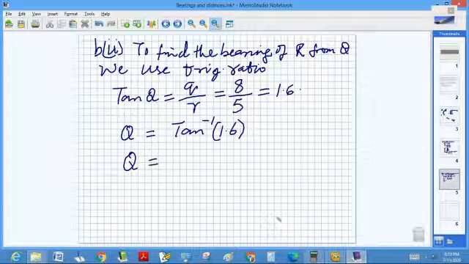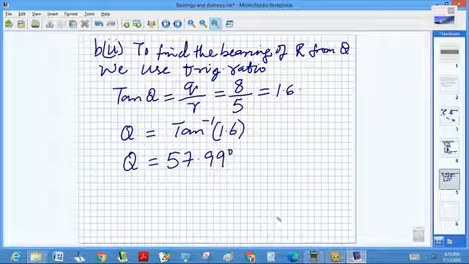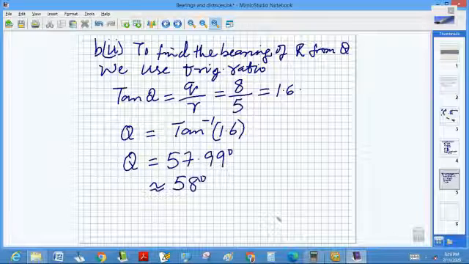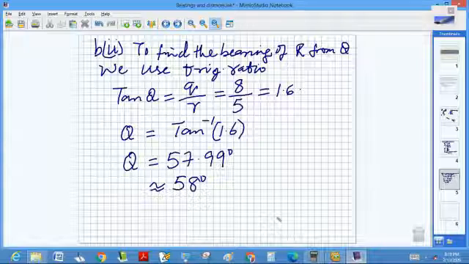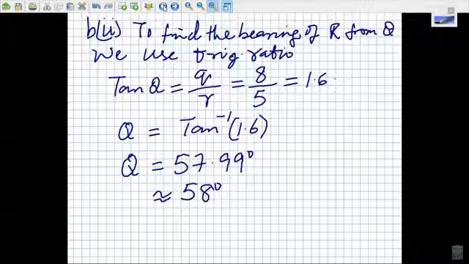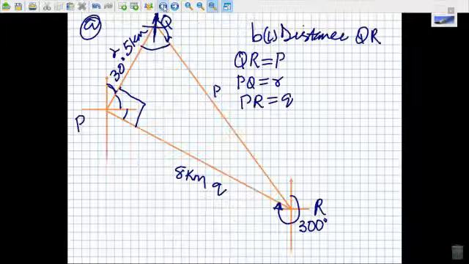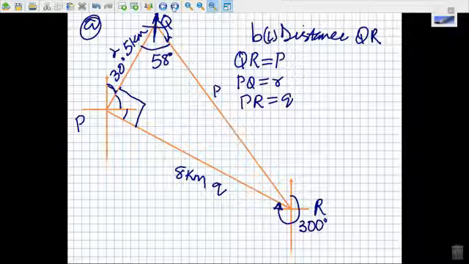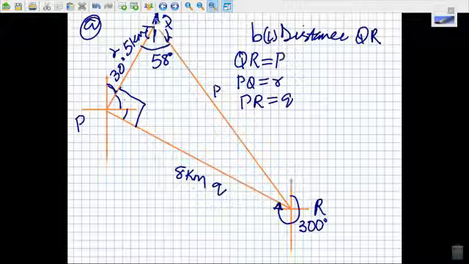Q is 57.99 degrees, which is approximately 58 degrees. So having found that, we go back to the diagram. Here is 58, so that this angle is the same as 60 degrees. This and these are alternate angles, so here is 60 degrees.